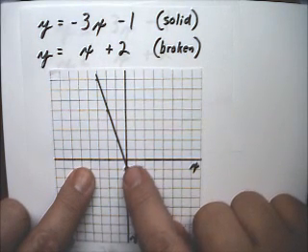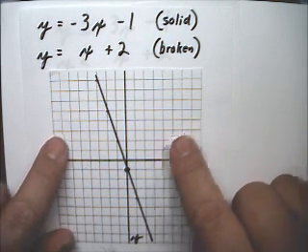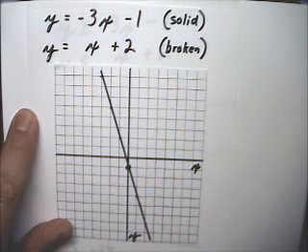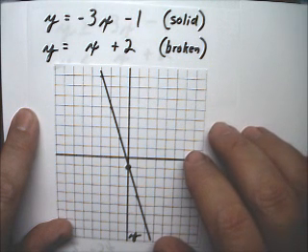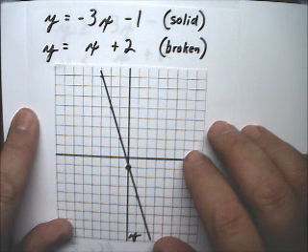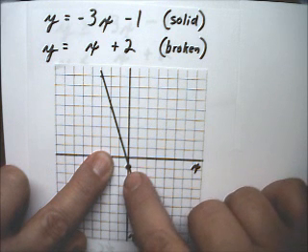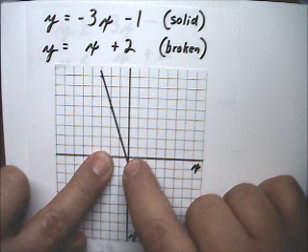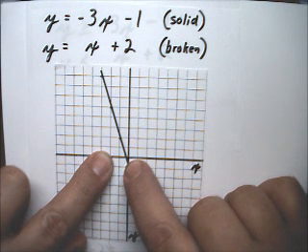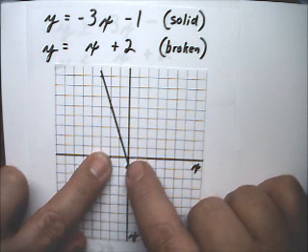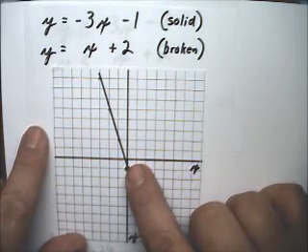So we need to figure out if the solution is to the right of the line or to the left of the line. One thing to do is you pick a point that's not on the line, and a handy point is always 0, 0, because 0, 0 is easy to substitute in.